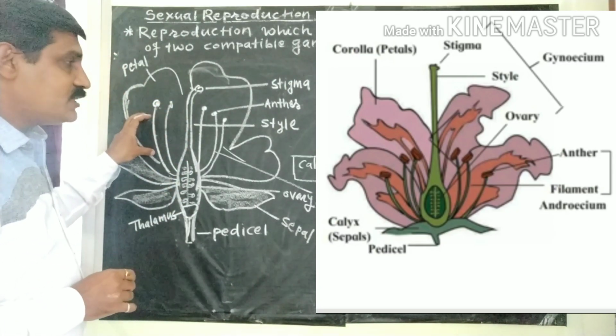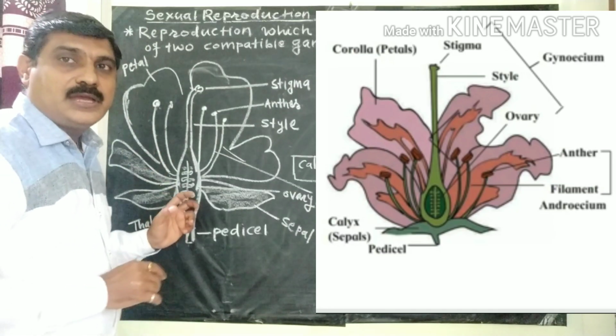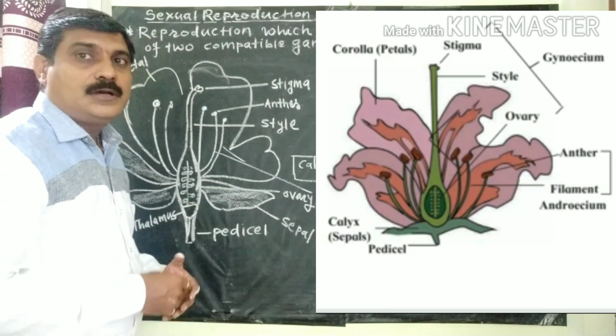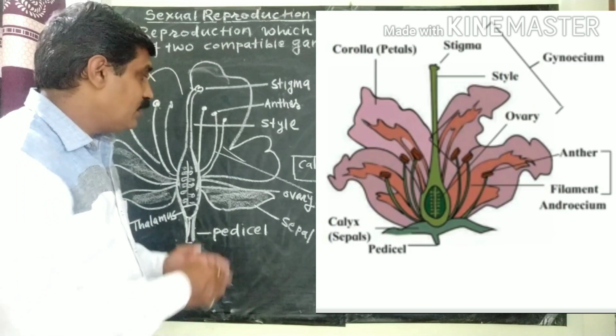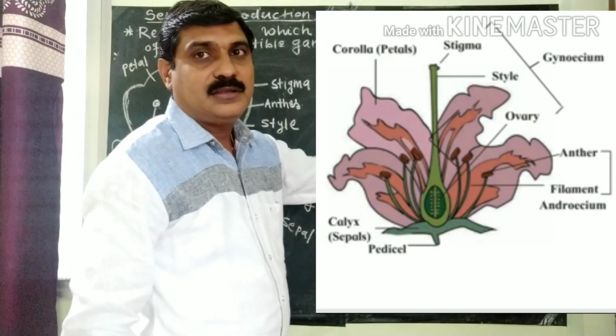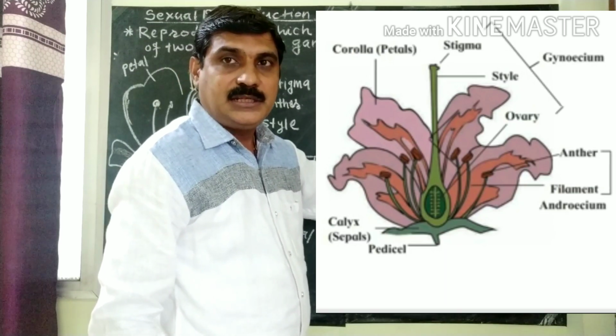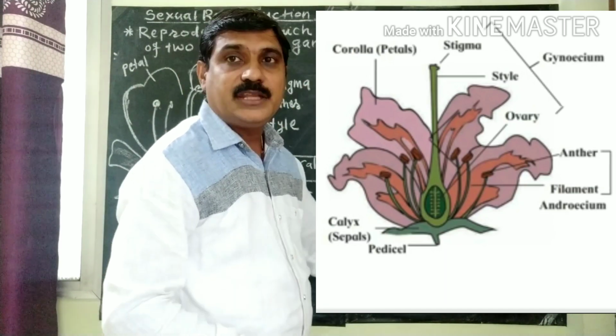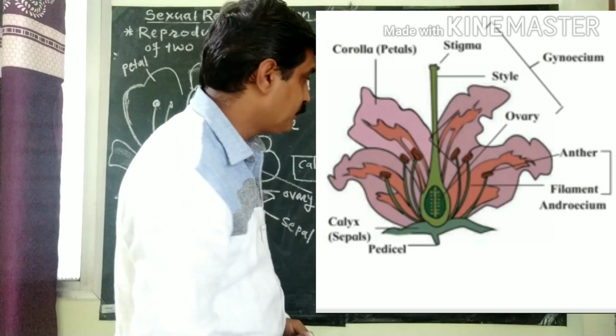So the entire structure is called the stamen, which is the androecium, the male reproductive part of the flower. These are the essential whorls because they are directly involved in the reproduction of the flower.